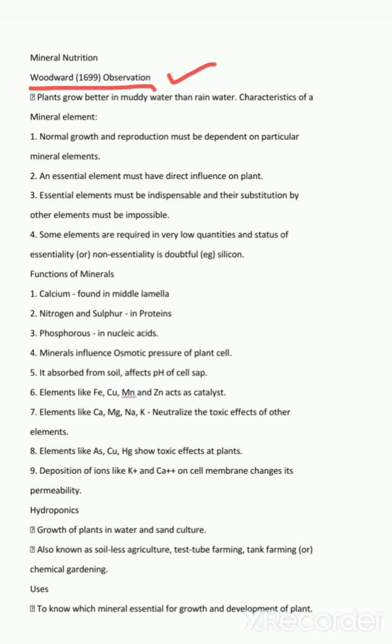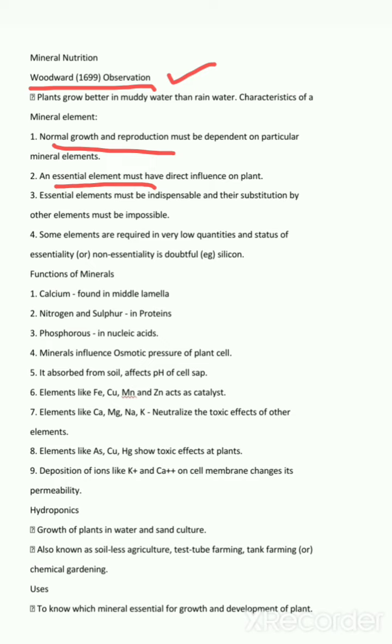Okay, so a mineral element plays a major role in normal growth and reproduction, because whether the plant will have normal growth and reproduction is completely dependent on the presence or absence of the mineral. So it is an essential element having a direct influence on the plant.